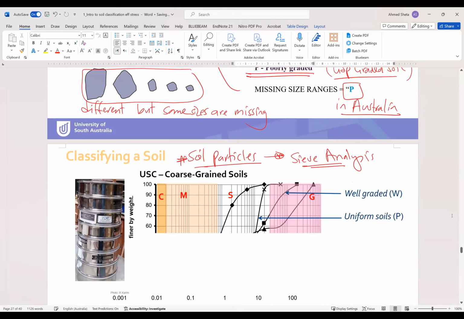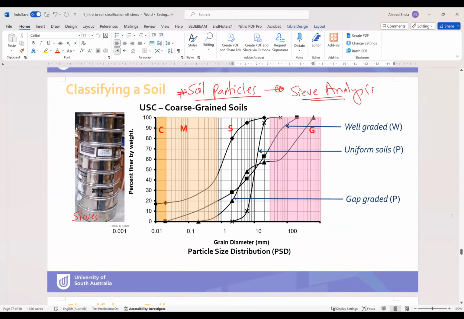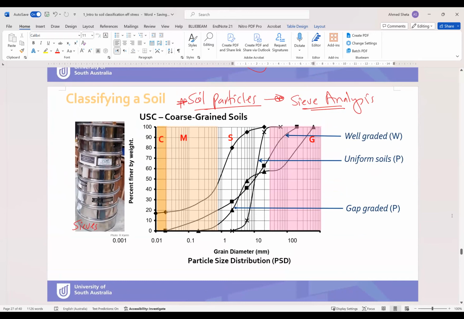For this sieve analysis, do you expect to put the larger vent on top or the larger vent on bottom? What do you think? If we put the larger size on the bottom, all the soil will pass through all the sieves, so we will not get any result. What we need to do is put the larger sieve size at the top.